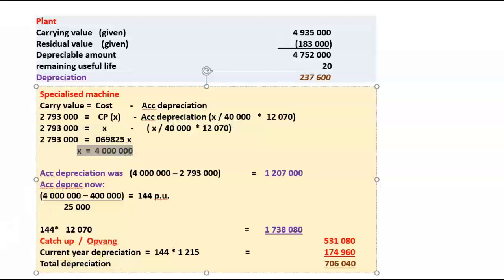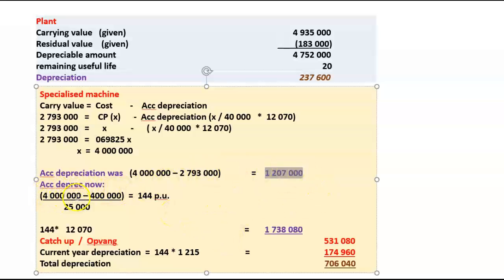Now let's rework what the cost price less the accumulated depreciation was. The accumulated depreciation was 1,207,000, the difference between the carrying value of 2,793,000 deducted from the 4 million. Now, if we're going to apply the new estimated values, we start right from the beginning.